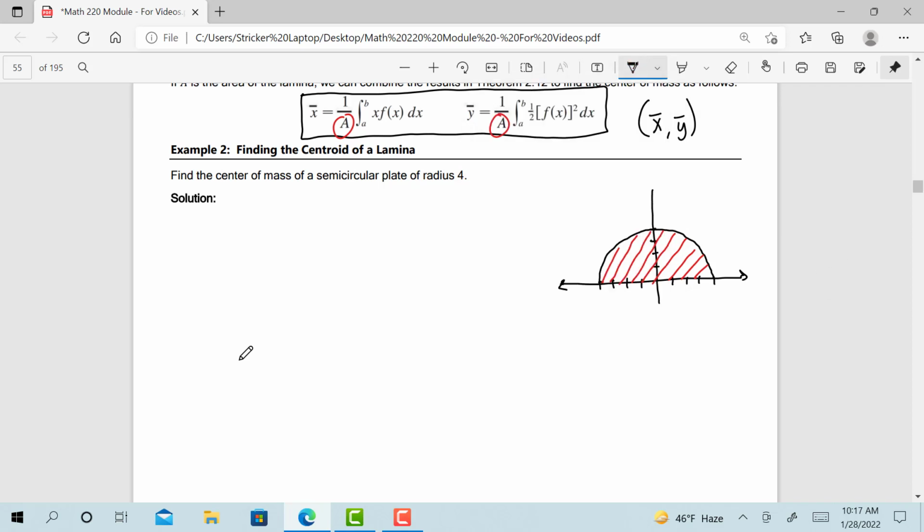Sometimes we can use geometry to make this work easier on us. This is a circle, and we know that the area of a circle is pi times the radius squared. Since we have a semicircle, it's going to be half of that. So we have half of pi times the radius, which is 4 squared. 4 squared is 16 times a half. This total area in red here is going to be 8 pi.